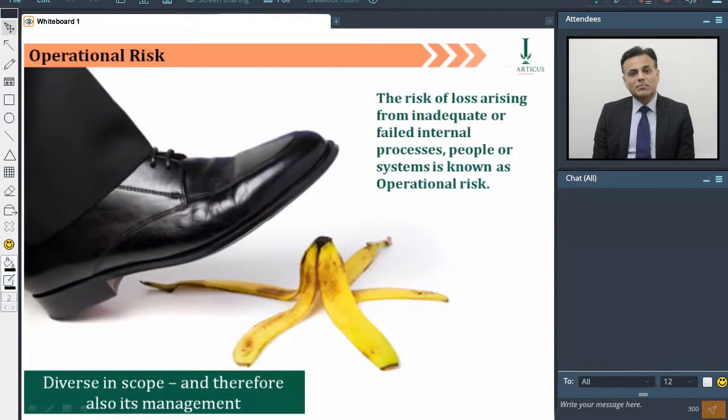Let's talk about operational risk. The risk of a loss arising out of a failed internal process or a system or a human error is nothing but an operational risk.